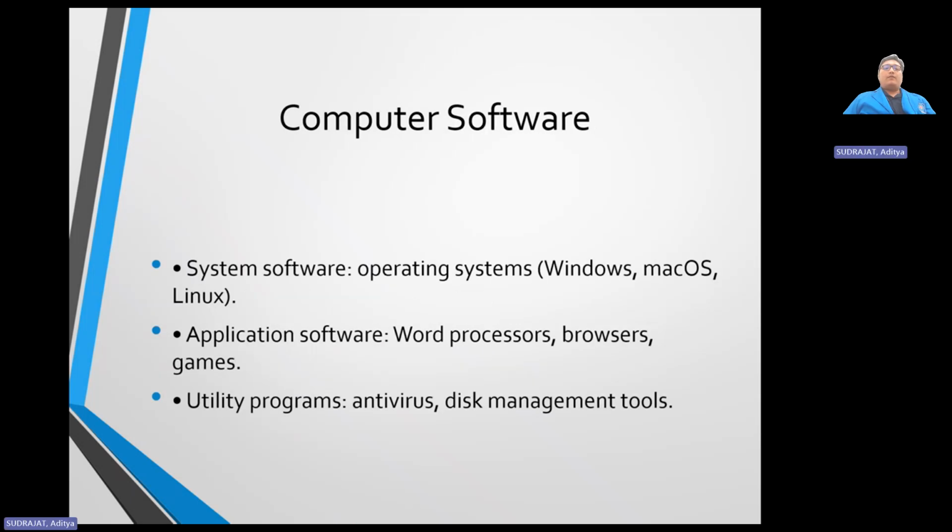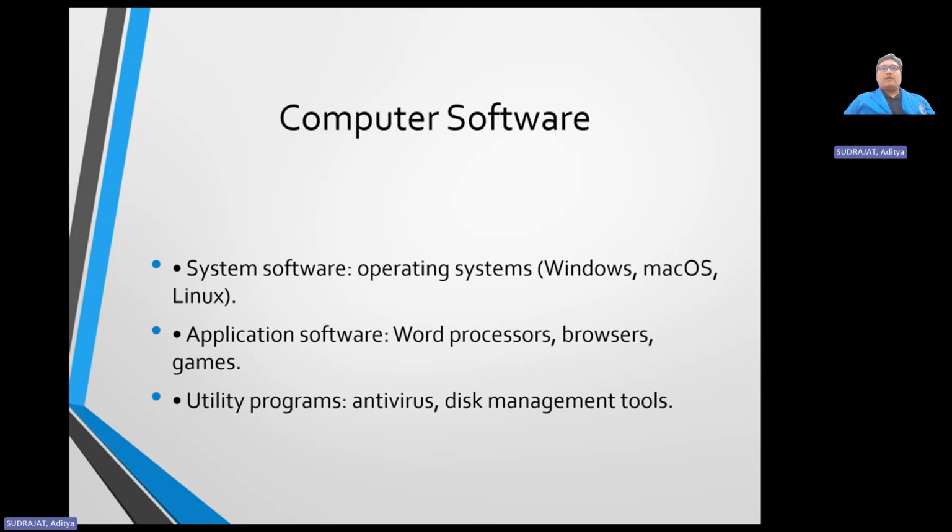Next, computer software also has three components. The first is system software, like Windows, the one that we commonly use, and then macOS and Linux, which are other operating systems that run on other devices that other users can use as well. The second is application software, like word processors, browsers, and games.